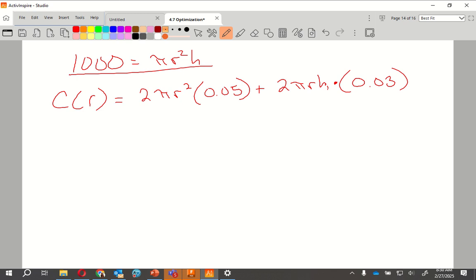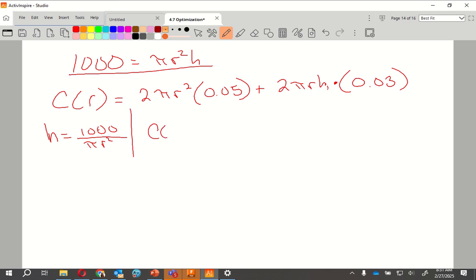With a little bit of algebra, h is going to be equal to 1,000 divided by pi r squared. Dividing both sides by pi r squared gives me h by itself. Yes? Okay, good.